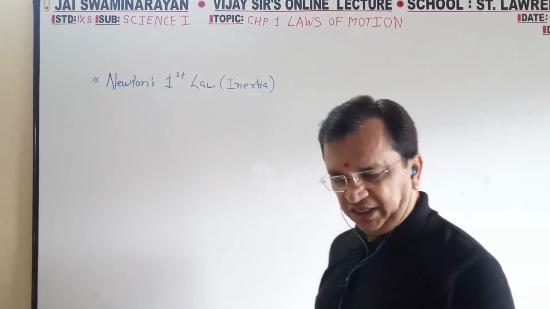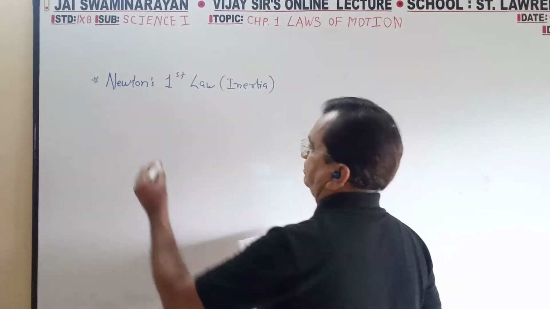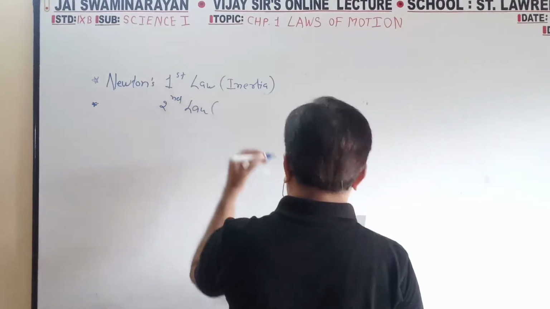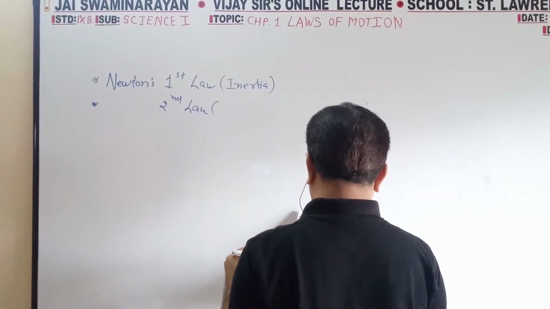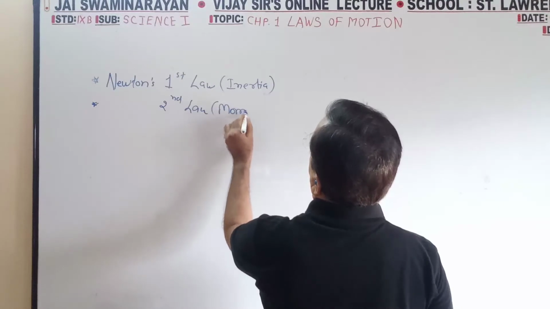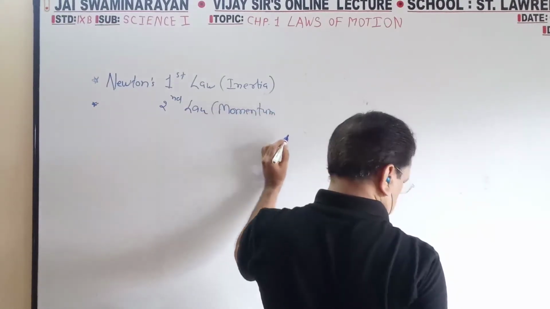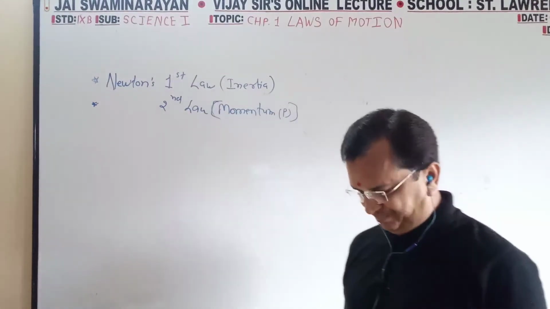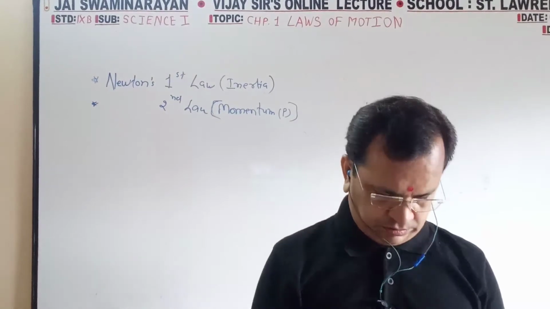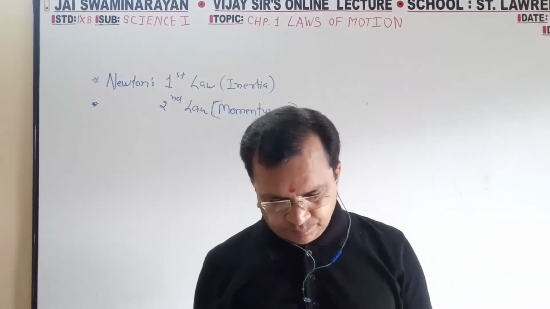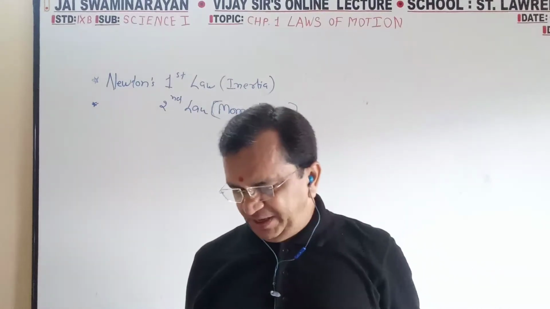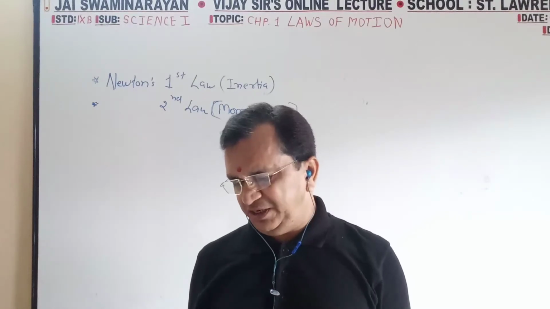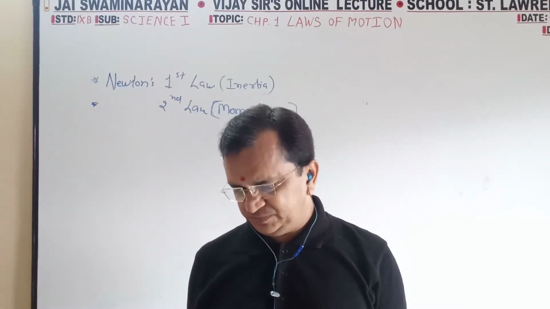Second, it is related to momentum, P. The rate of change of momentum is proportional to the applied force, and the change in momentum occurs in the direction of the force.